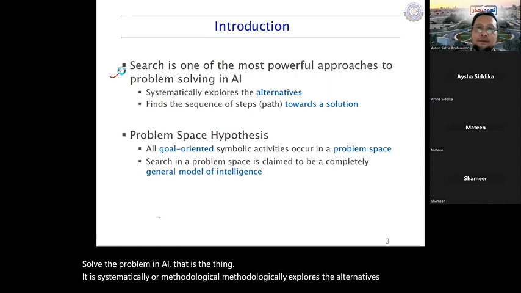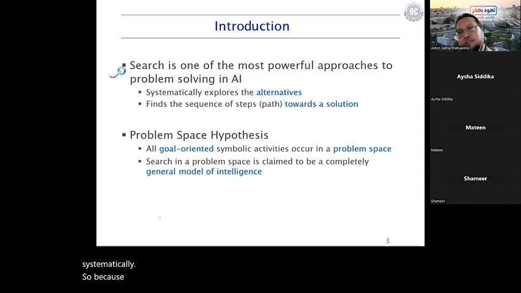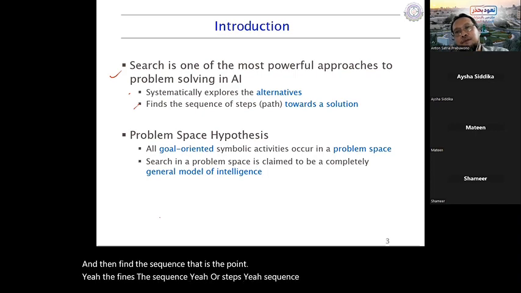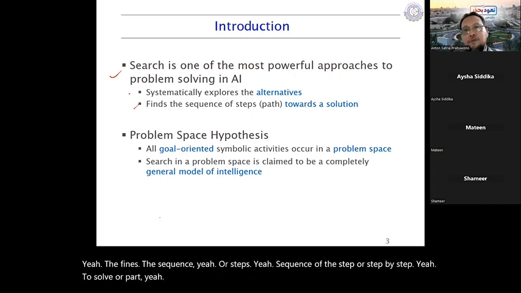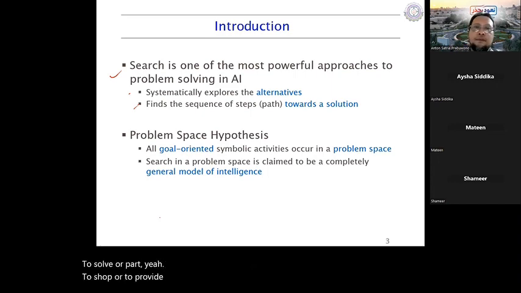Because we use a certain system or method to explore the ways to solve the problem, and then find the sequence. It finds the sequence of steps, step by step, or a path to solve or to provide the solution. That is the idea of search.